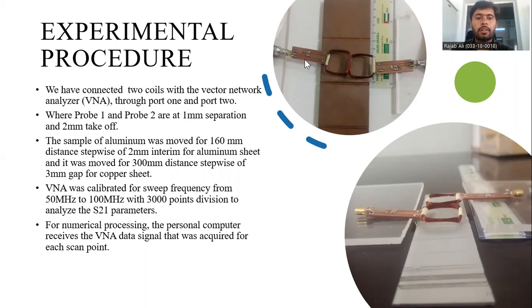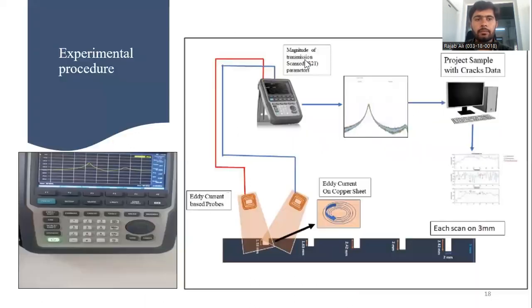The VNA was calibrated for a sweep frequency from 50 MHz to 100 MHz with 3000 points division to analyze the S21 parameters. For numerical processing, the personal computer receives the VNA data signal, which was acquired for each scan point. This is a simple experimental procedure diagram where we have shown eddy current probes, base probes, and the metallic sheet which was scanned by these probes.